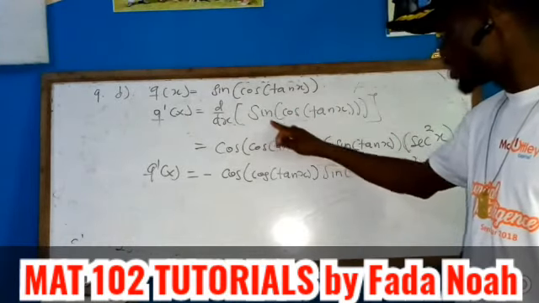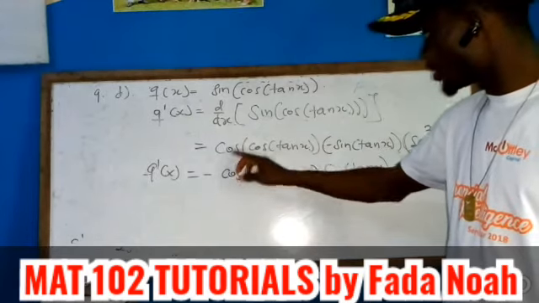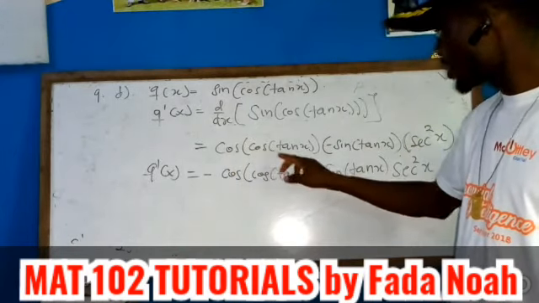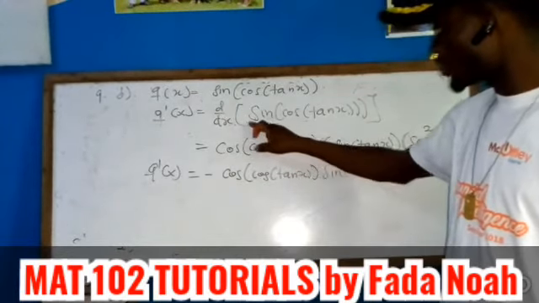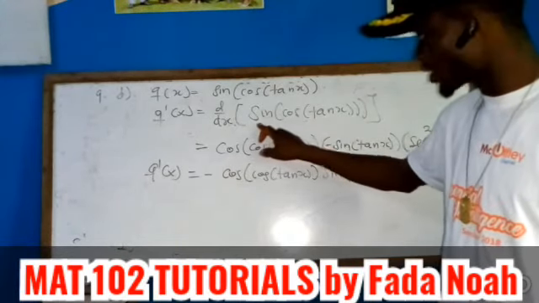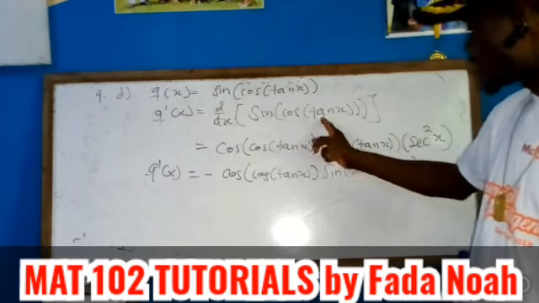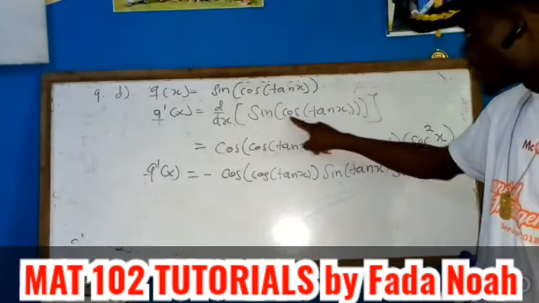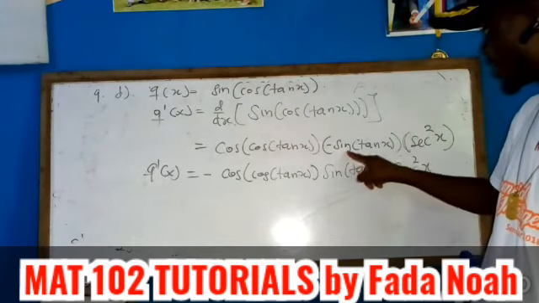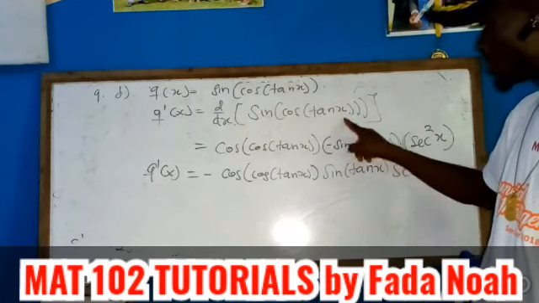So when you differentiate sine, you get what? Cos. So it becomes cos of cos tan x. So you put the whole of this one inside the cos. That one will give you the derivative of the sine. Then you come again, you differentiate what is inside the bracket. So you differentiate the cos here, you get what? Minus sine. You treat this one as an angle inside the cos.